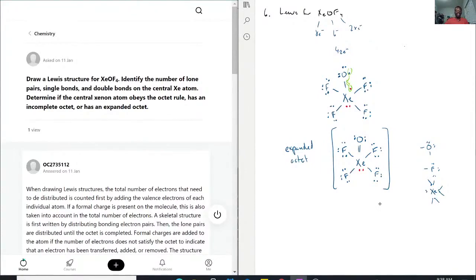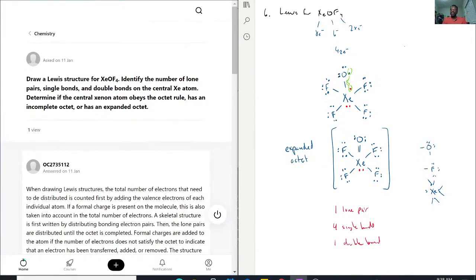Now it says identify the number of lone pairs, single bonds, and double bonds on the central xenon atom. For this, we have one lone pair, 4 single bonds, and 1 double bond. That would be for xenon.